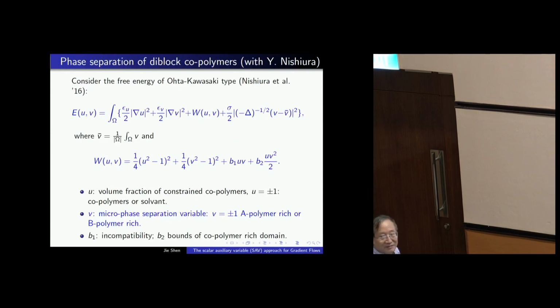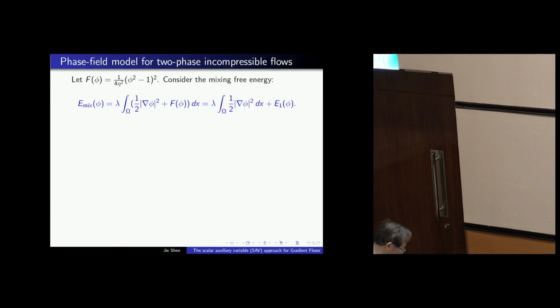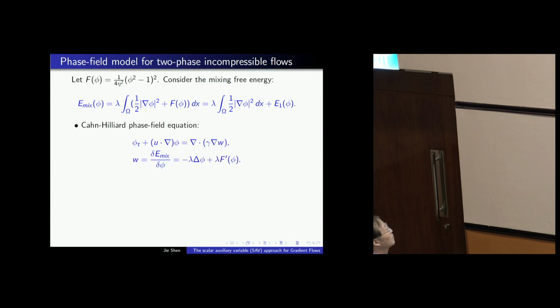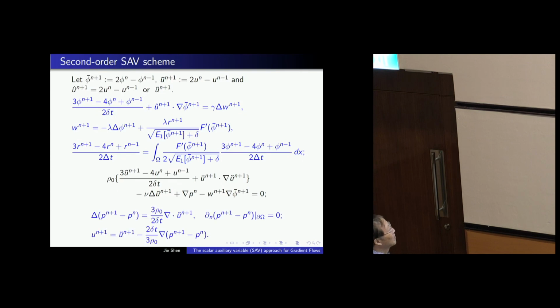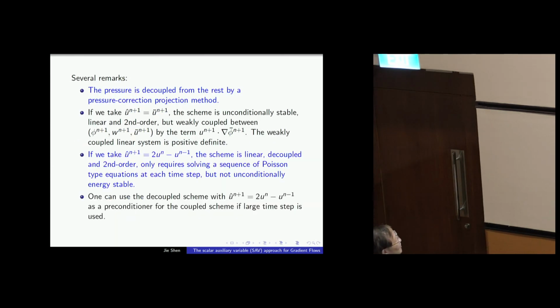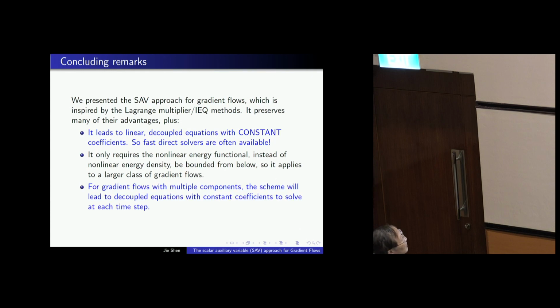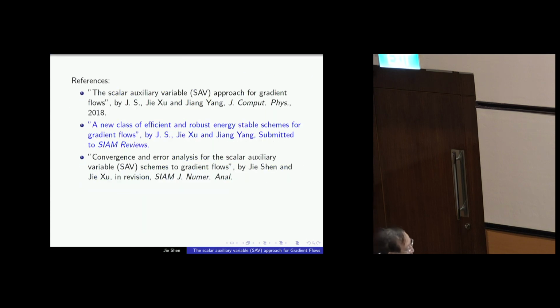And okay, I guess I don't have time for this. You can do this with two-phase incompressible flows too. I'm going to skip that and conclude with a few remarks. I guess I'm going to stop here. Okay, thank you.